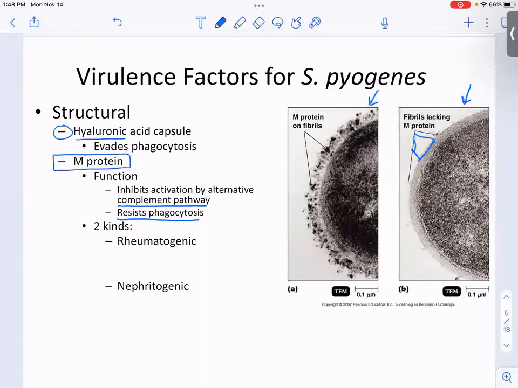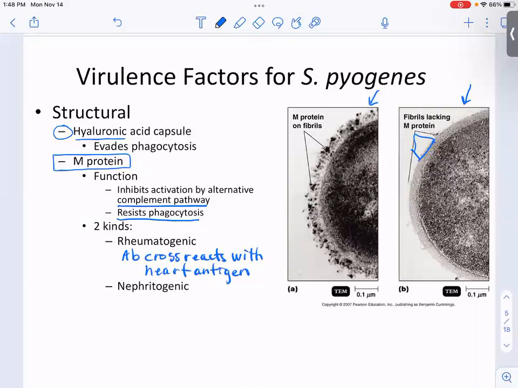There are actually 2 different, well, there might be more than 2, but there's 2 main variations of M protein. There's a rheumatogenic M protein, and we're going to talk about the repercussions of this. We can have some autoimmune repercussions. That's where our antibody that we make eventually to target this organism cross-reacts typically with heart antigens.